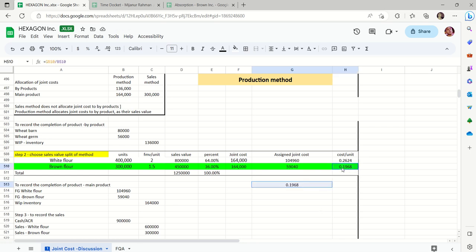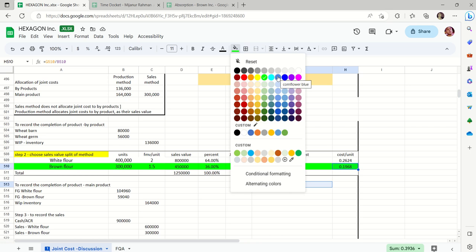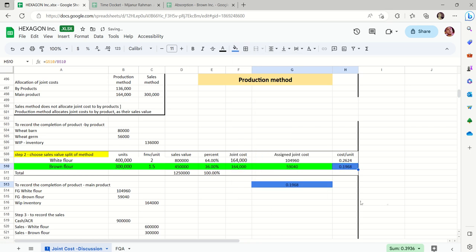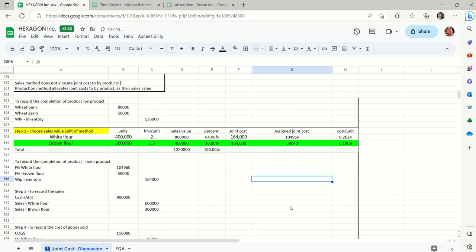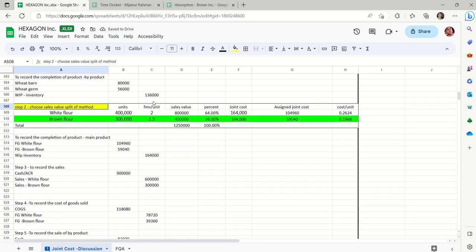These two cells have the exact value. Now we are done with the sales value split-off method. The sales value split-off method is used to further allocate the joint cost to the main products.